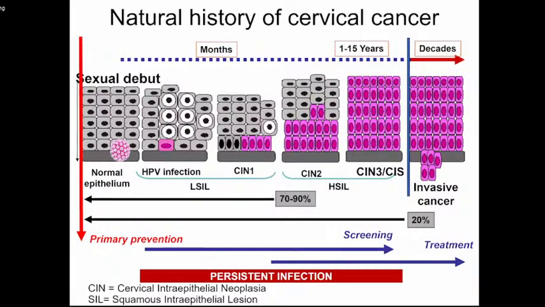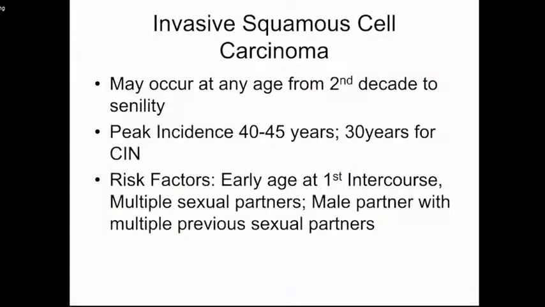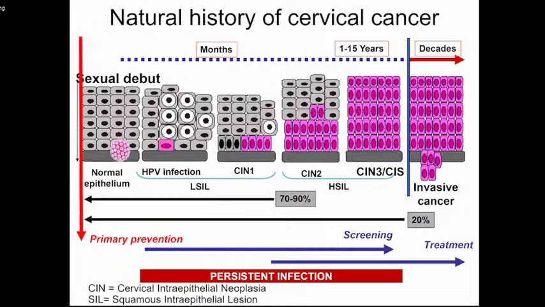Okay, so I think, again, this is one of the charts that if you don't remember anything else about this lecture, please remember this. These concepts about the natural history of disease and where it is important for primary prevention, for screening, and for treatment. Very, very important. If you don't remember anything else from my lecture today, remember this chart and the explanation.